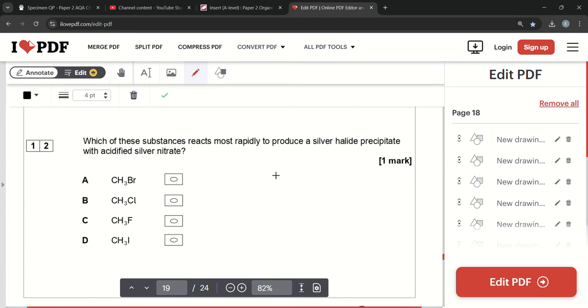Question 12. Which of these substances reacts most rapidly to produce silver halide precipitate with acidified silver nitrate? Most rapidly.